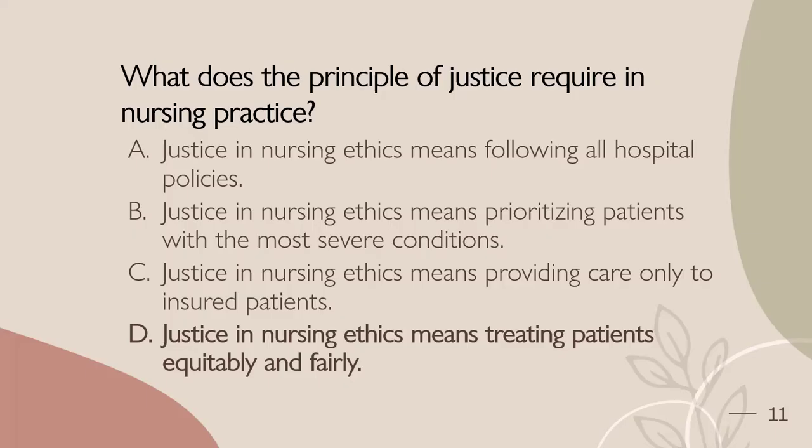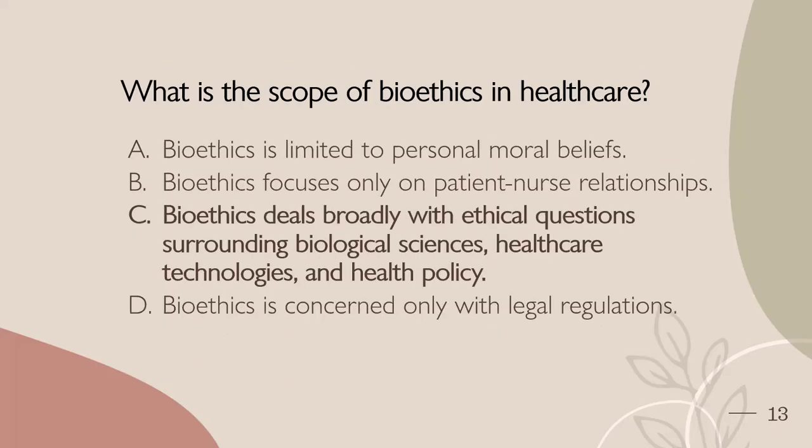The client is non-compliant. We still try to encourage that client and give them information so that they can make an informed decision. We're not going to change their mind, but we want to give them enough information so they can make an informed decision, because we want to treat everyone fairly, and that is justice.